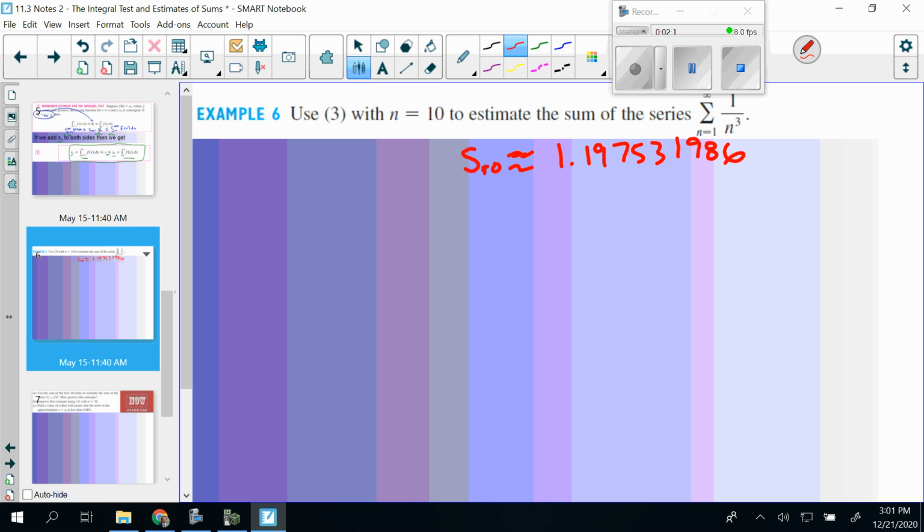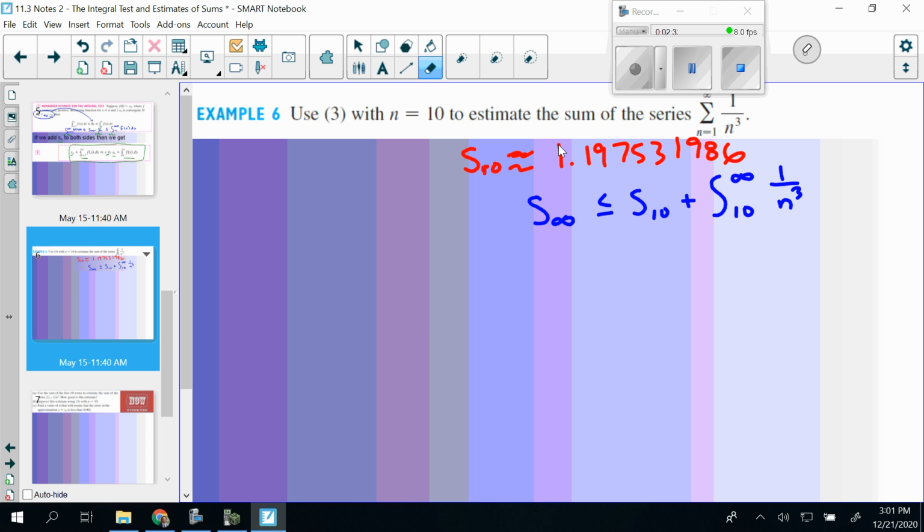7531936. Okay, so now to find our infinite sum, it should be less than s of 10 plus this integral from 10 to infinity of 1 over x cubed dx, and then on the other side it'd be the 1 more.